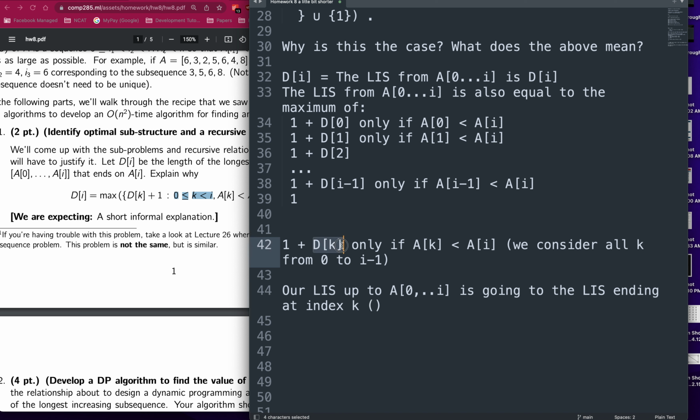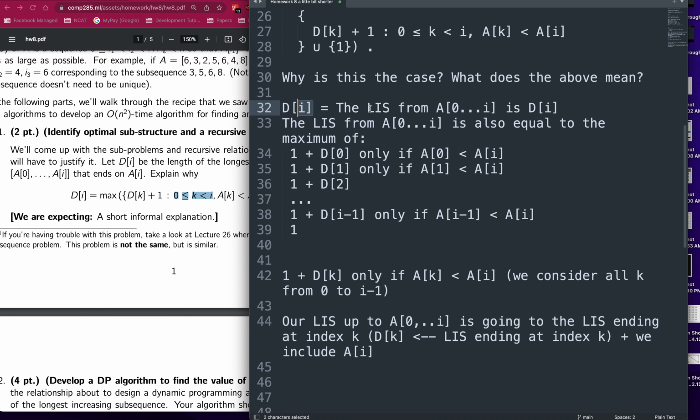That's dk. dk tells us the longest increasing subsequence ending at index k, plus we include ai. So one possibility is we take the longest increasing subsequence ending at k, and then we include ai. That's why we get 1, because that's including ai, plus dk.